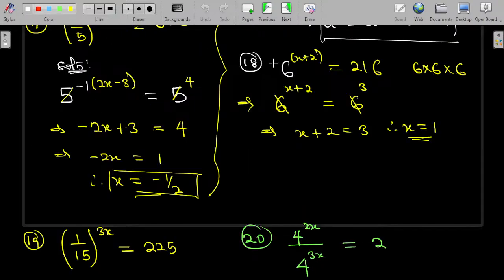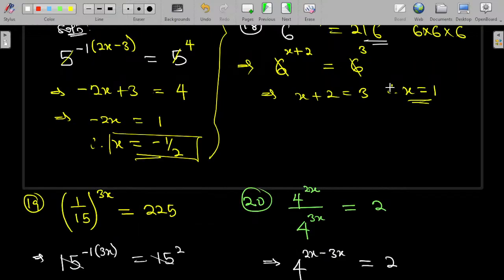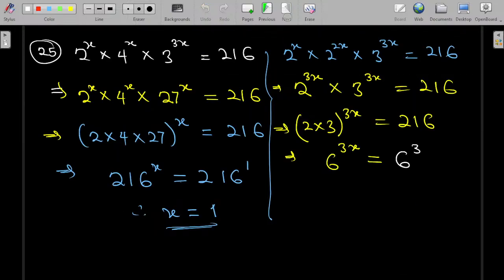Yes, see it here. Exercise 18. Yes, we saw it there. That 216 is actually 6 to the power of 3. I love this. And immediately the bases will go away. So you have 3x is equal to 3. And here again, you will get your x as 1 if you divide both sides by 3.